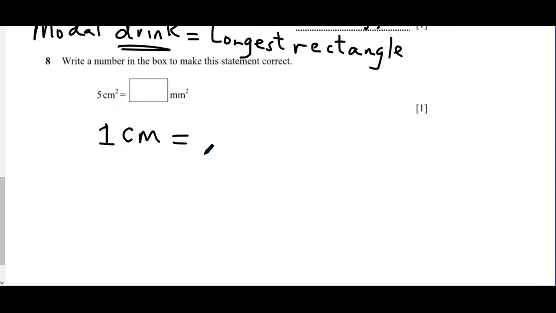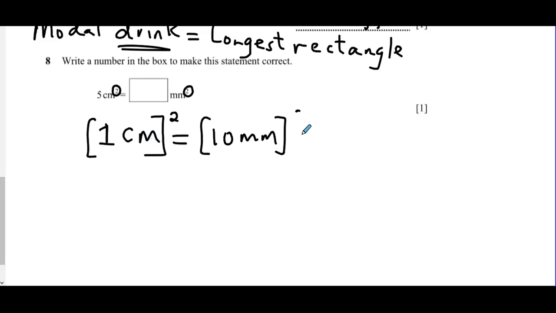You find that 1 centimeter equals 10 millimeters. Now we don't need centimeter and millimeter, we need centimeter square. So how do you convert? We apply a square on both sides.